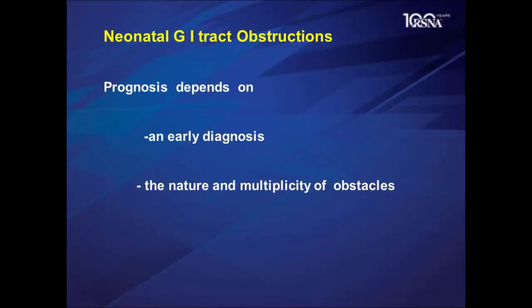The prognosis of the medical or surgical condition depends on an early diagnosis, and also on the multiplicity and the nature of the different obstacles to the GI tract anatomy, hence of its normal functioning.